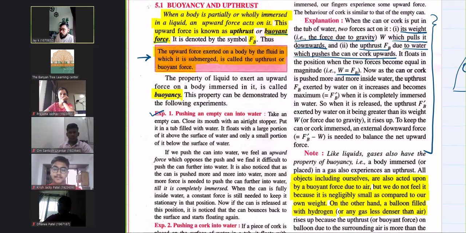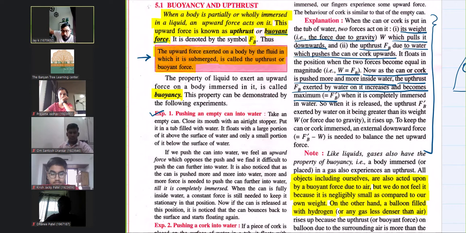So you need to exert an external force in order to submerge the body below the surface of water. Now, as the body is pushed more and more inside the water, the upthrust on it increases and becomes maximum.